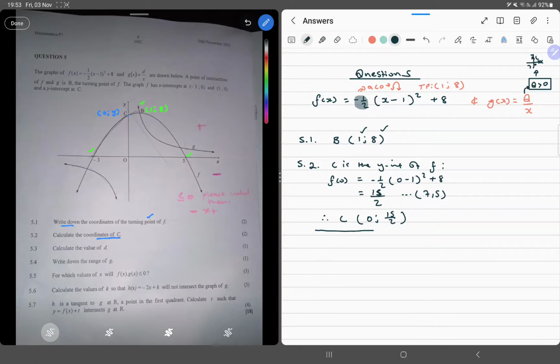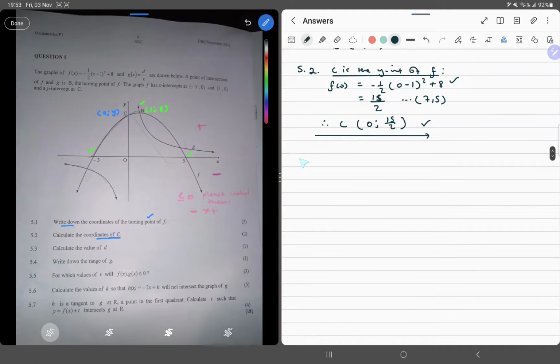That's our answer. Okay, great. So here the 2 marks is scored from substituting 0 where x is and writing our coordinate. Or you can easily say the answer here, because this is just a continuation of what we already did.